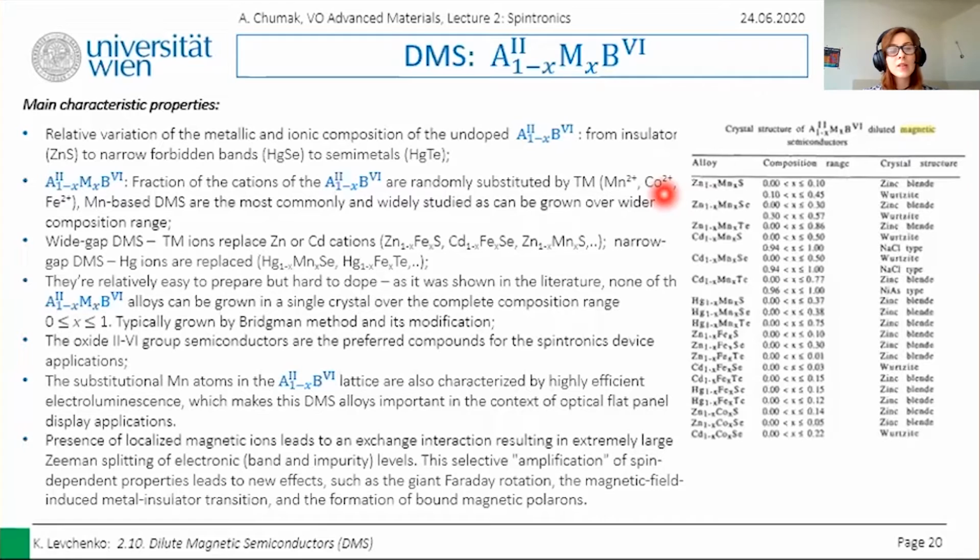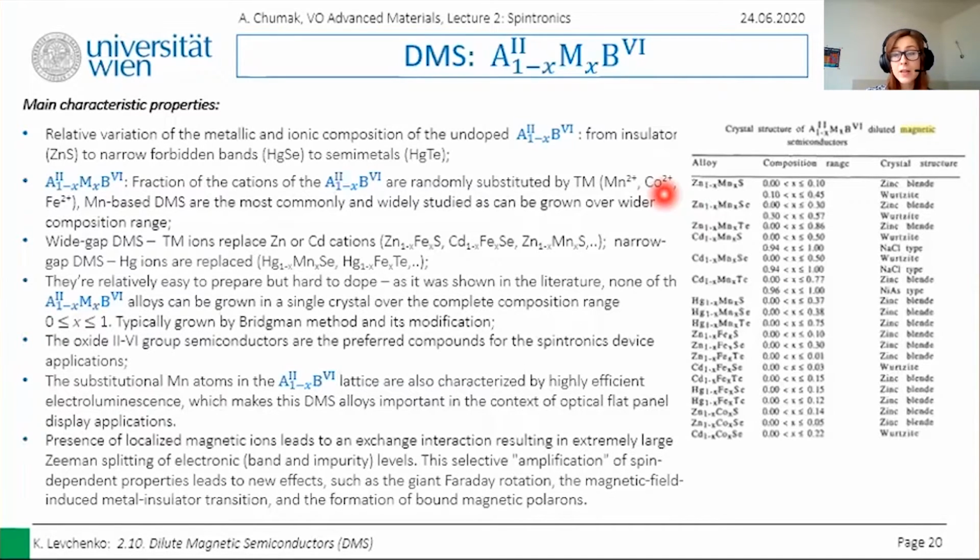As for the applications, the II-VI group semiconductors are the preferred compounds in spintronic device applications because of their interesting properties. Some II-VI with manganese are characterized by high electroluminescence that makes them important for optical flat panel display applications.